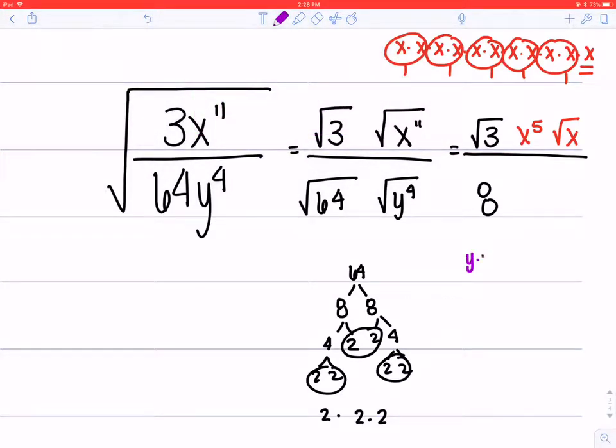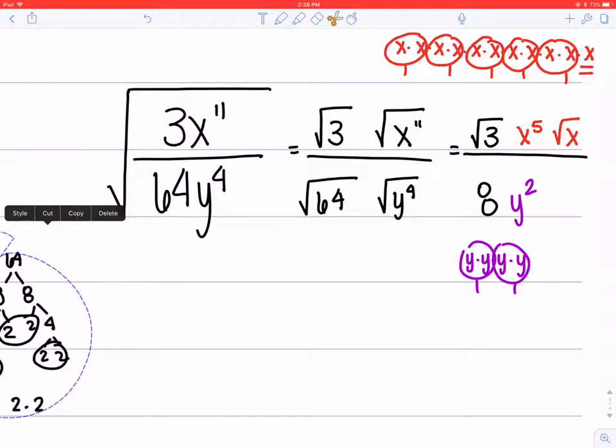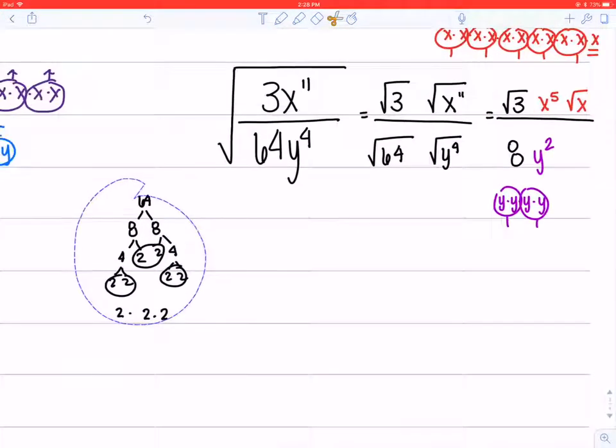With the y to the 4th, that is y times y times y times y. So put them into pairs. I have 2 y's coming out, nothing left over, so the radical goes away. Now the only thing I'm going to want to do is just do a little rewriting. On top, I want to move everything that doesn't have a radical up front.